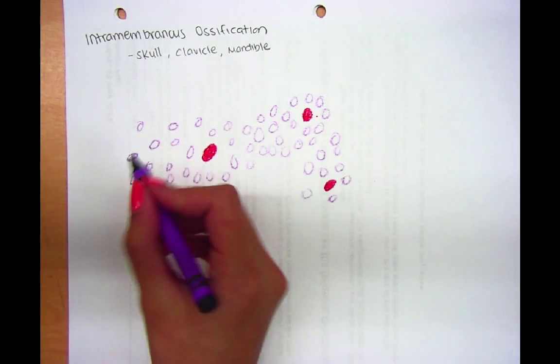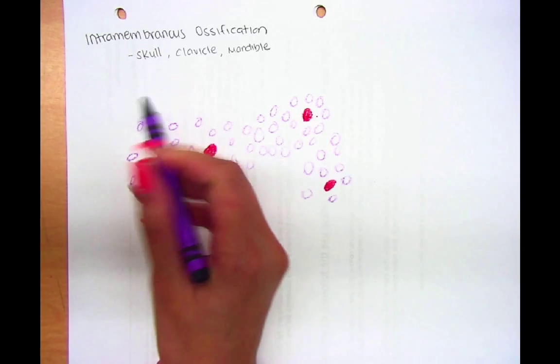So these stem cells are going to form connective tissue, and when these connective tissue cells are stimulated again, they will turn into your osteoblasts. So I'm going to pick a darker purple color, and this cell is now going to turn into an osteoblast.